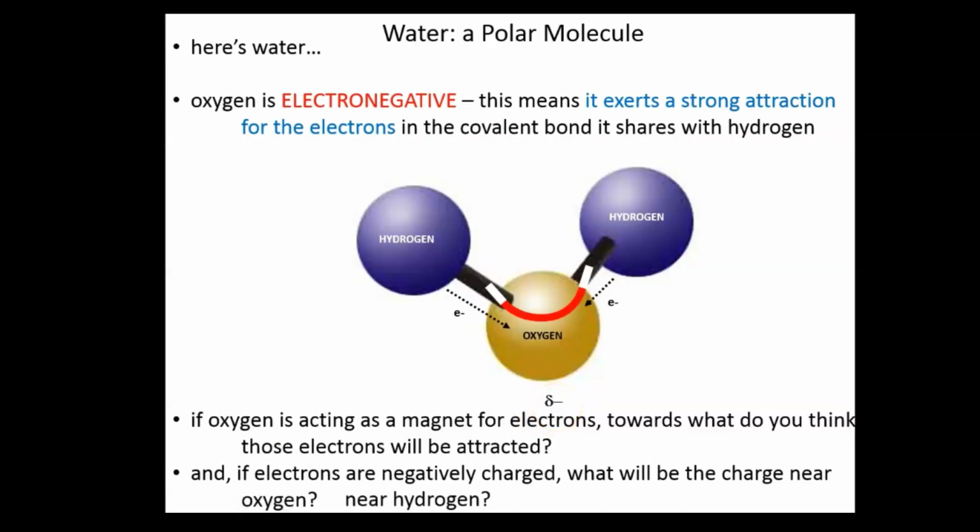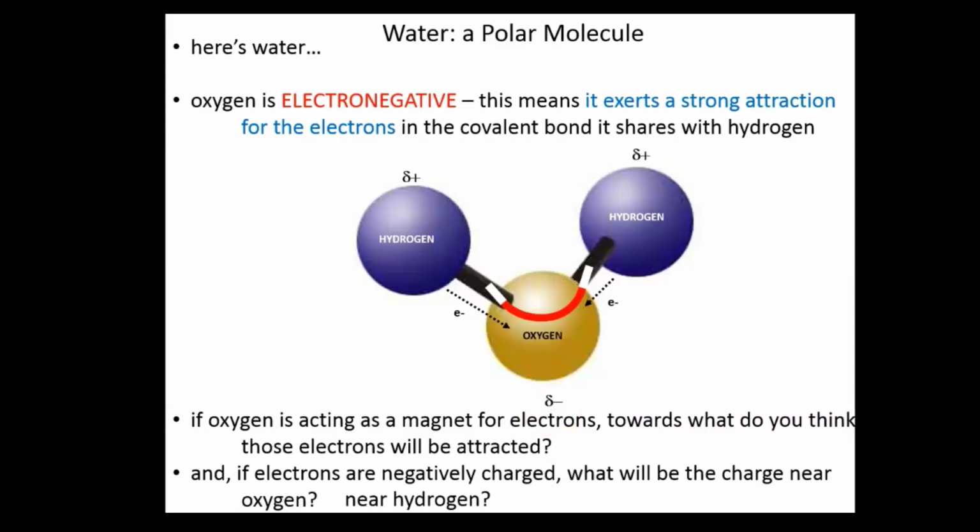If those electrons are zooming around hydrogen and oxygen, and they're zooming around hydrogen quickly, and they're lagging when they're near oxygen, and we have a partial negative charge around oxygen, what do you think the charge around hydrogen might be? Remember, hydrogen is electron deprived. Those electrons are racing around hydrogen as quickly as they can so they can get back to oxygen where they want to be. And the answer there is a partial positive charge.